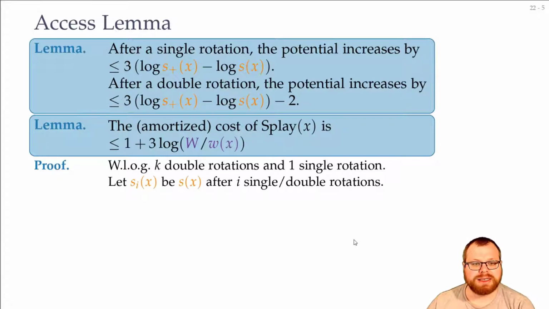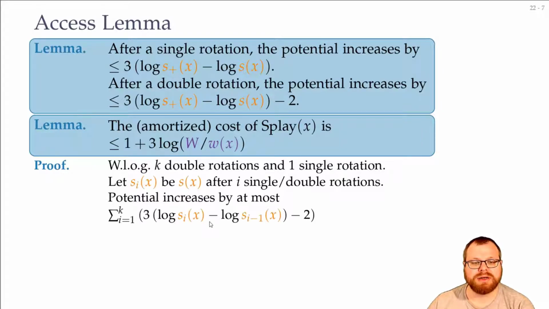So let's say that after i single or double rotations, s_i of x is the new sum of weights in x. Then the potential at the end will be for every step, for the first k double rotations, we have exactly this function, plus for the last step, we have this function.